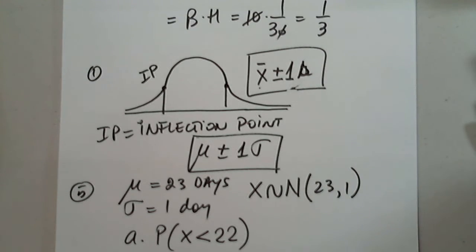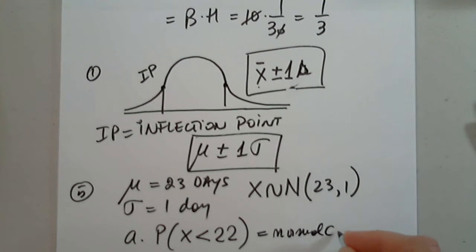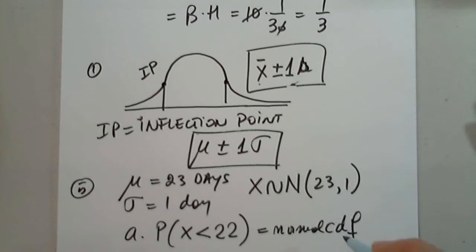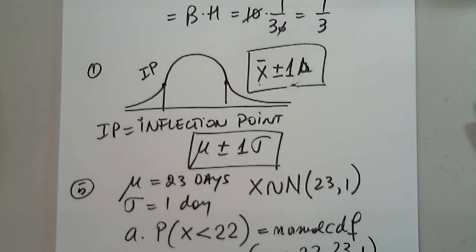Use the standard normal curve. Good. So this is normal CDF, cumulative distribution function, from negative infinity to 22, comma, 23, comma, 1. Negative infinity already appears there.